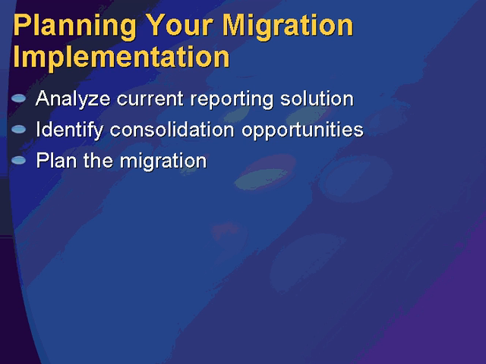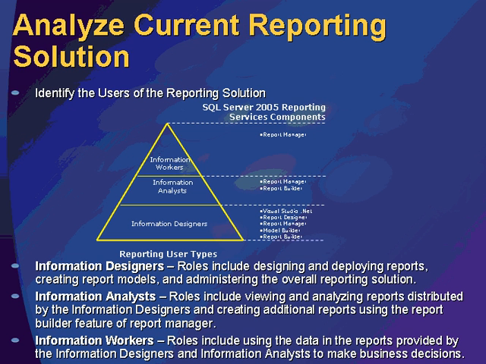Really look at your implementation from an enterprise perspective. There are several things you want to do. Analyze your current reporting situation. Identify consolidation opportunities, and this is a really key one where we've been able to save clients a lot of money and a lot of time. And then you want to make sure you plan the migration appropriately.